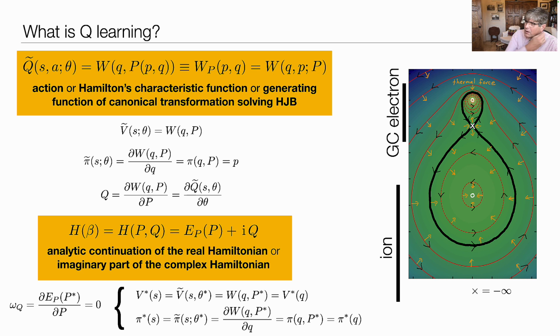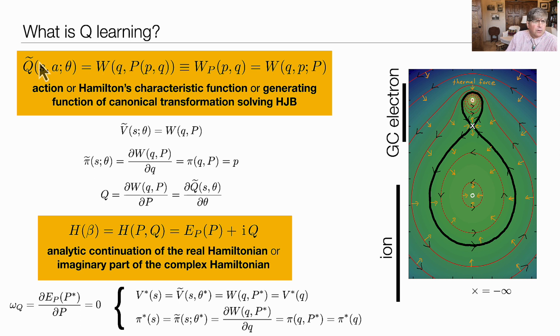And now let me talk a little bit more about what's happening here in the ponderomotive stabilization and also the feedback stabilization of Q learning by answering the question, what is Q learning?